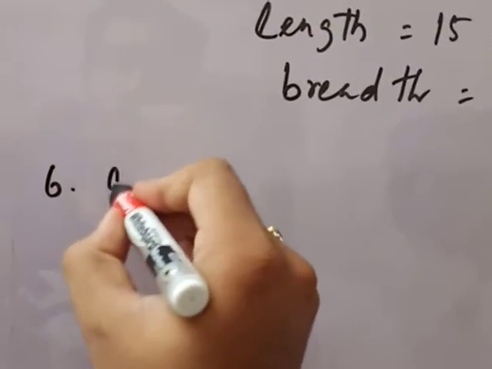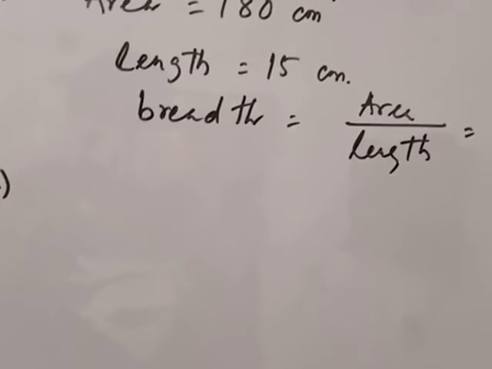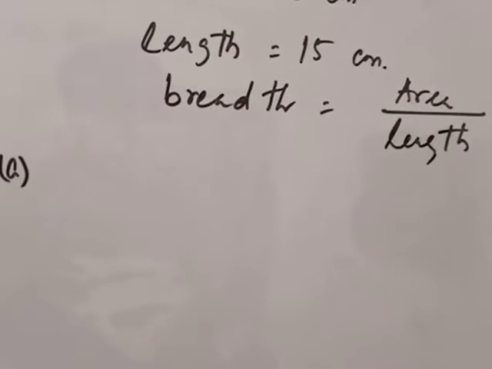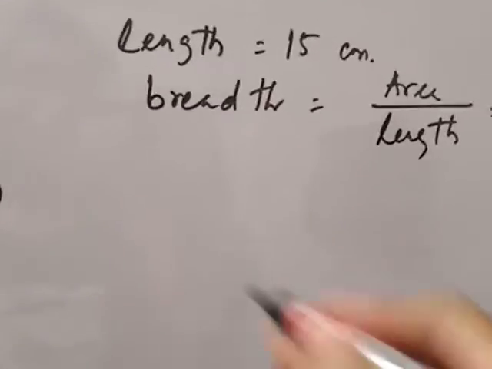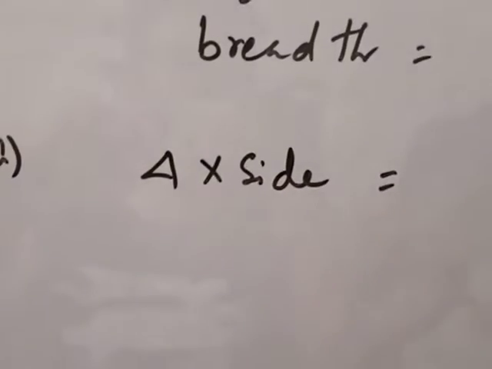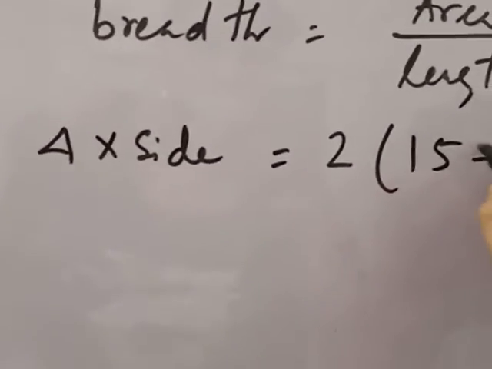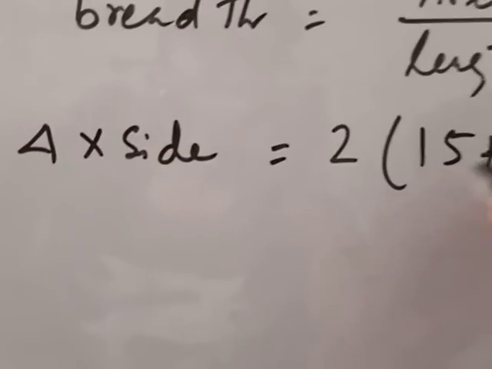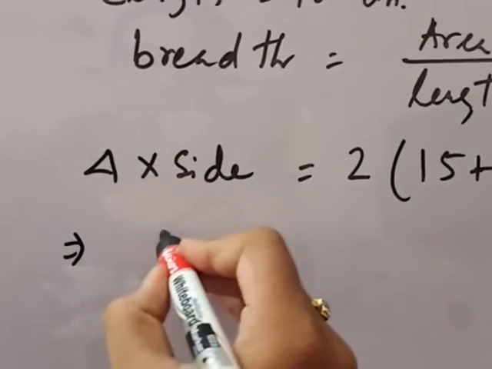Now number 6a. In 6a, you have to find the area of the square. Now perimeter of the square, that is 4 into side, and perimeter of the rectangle are equal, so that means 2 into 15 plus 13. This is L and this is B. Now calculate.